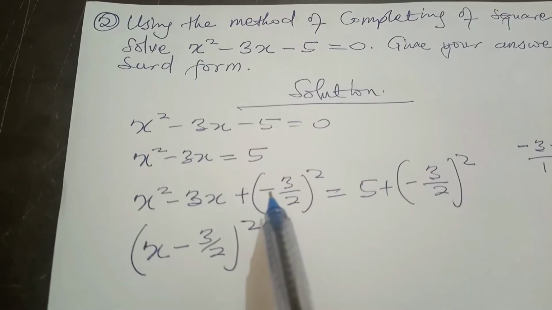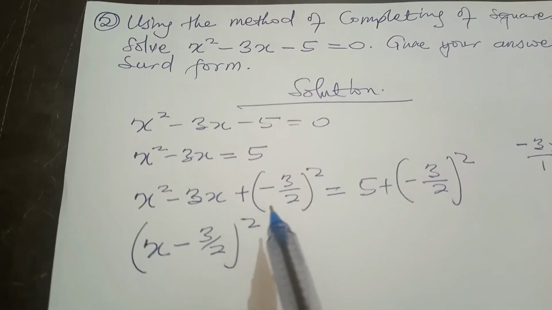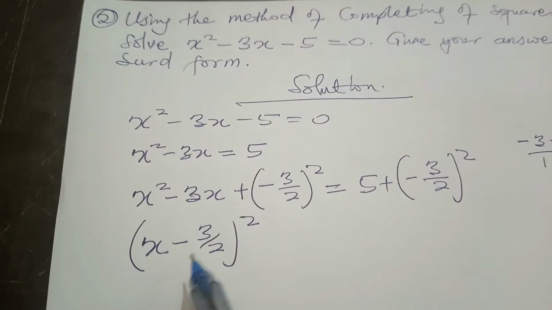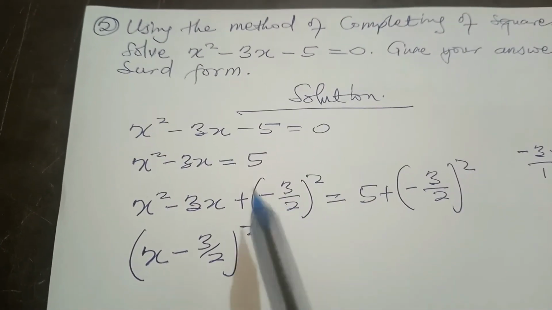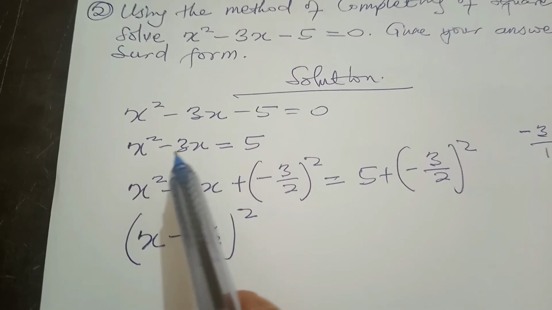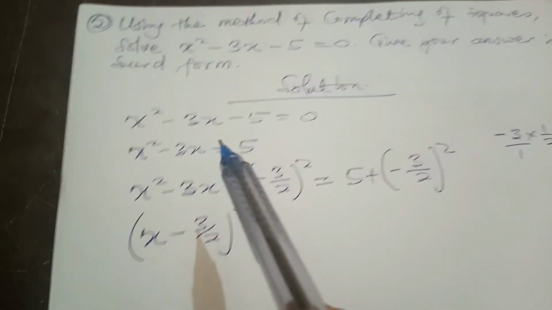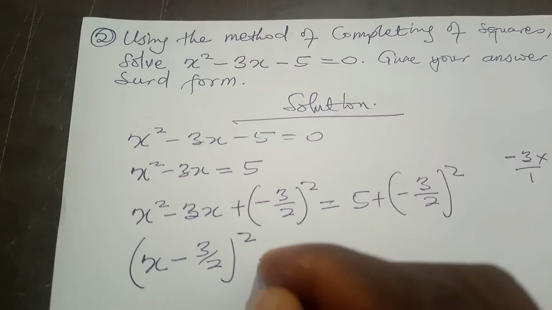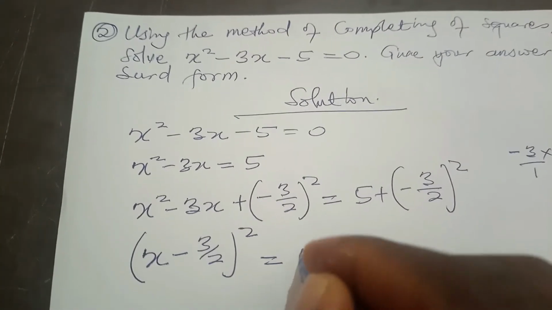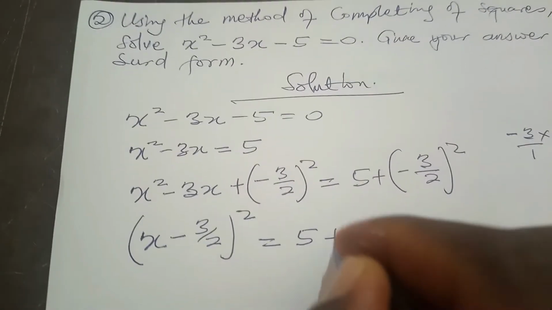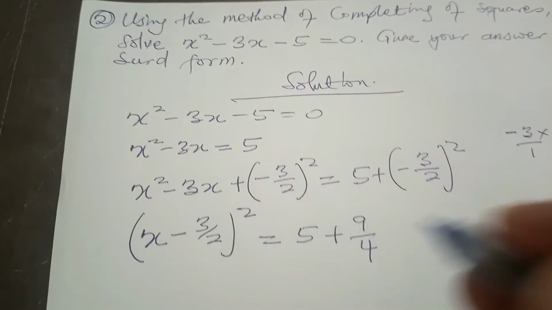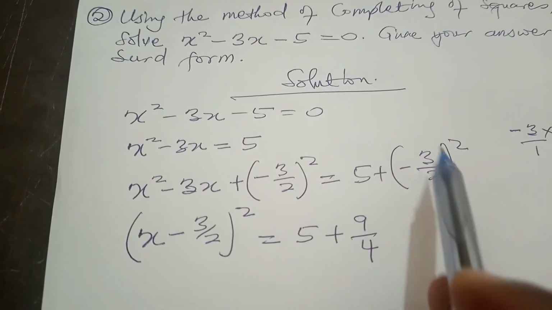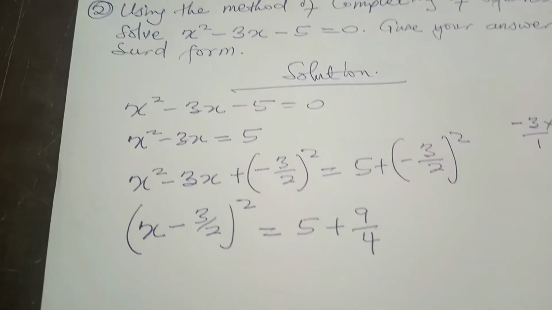Remember, if you forget this negative sign, it will not come here, so your answer will be wrong. Because of that, you have to remember to always carry the coefficient of x with a sign before it so that you don't make any mistake. And that should be equal to 5 plus 9 over 4, because when you square this, it becomes positive now.